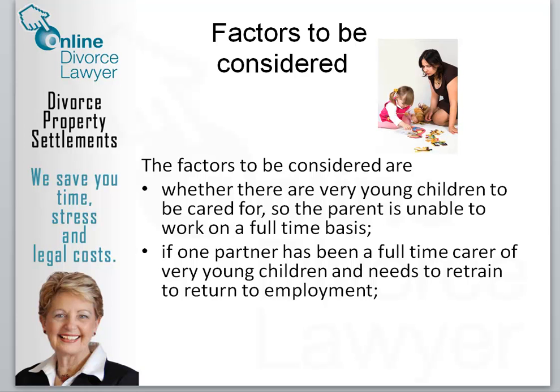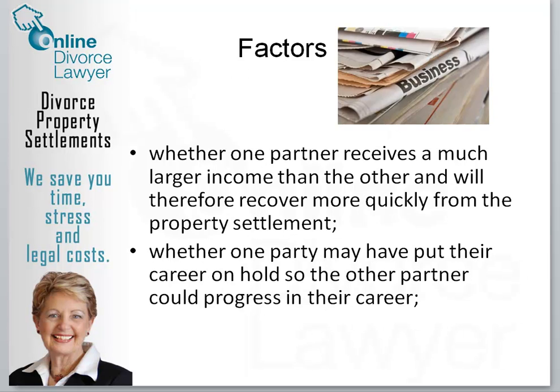The factors that are considered when we're looking at the future needs factors is whether there are very young children to be cared for, so the parent is unable to work on a full-time basis. If one partner has been a full-time carer of very young children and needs to retrain to return to employment.